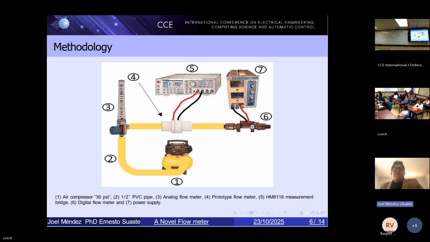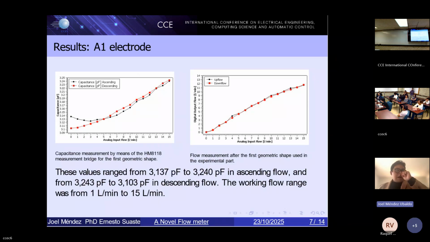The next, please. Well, about the results, we have the first geometry, A1 electrodes. The picture on the left shows us the different values of airflow, and you obtain different values of capacitance. In the picture on the right, you can see the verification of the principle of continuity.